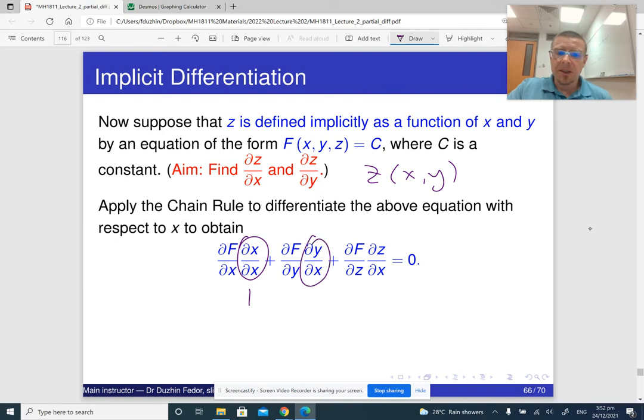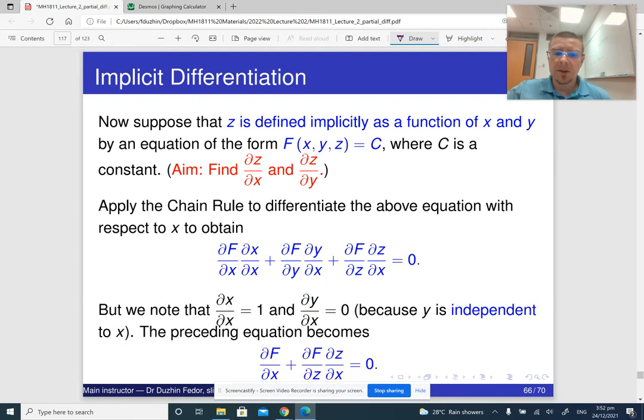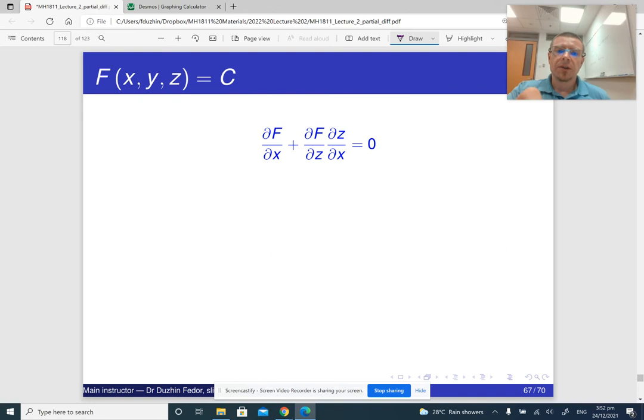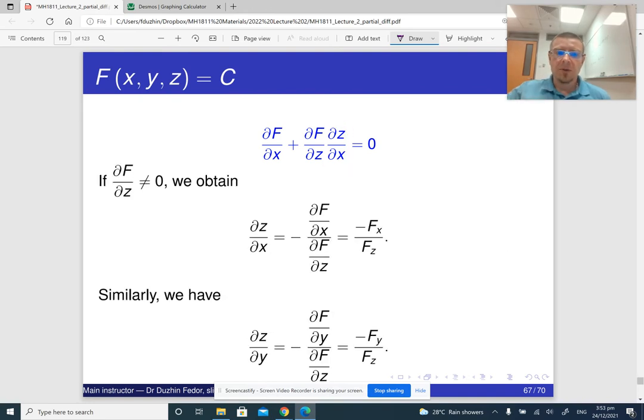And dy/dx is going to be 0 because y is an independent variable. It does not depend on x. By using this information, we get this equation on dz/dx, and then we can make it the subject and solve for dz/dx. So solving this for dz/dx, we just get this: dz/dx is minus df/dx over df/dz, and a similar expression for dz/dy.